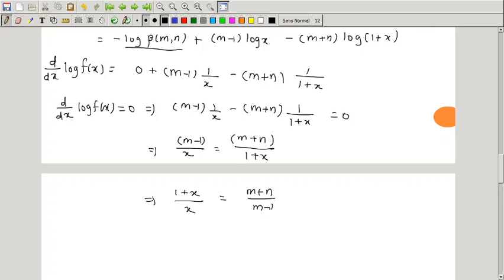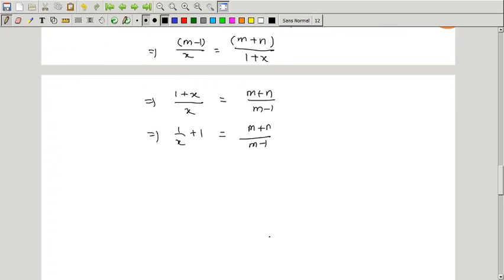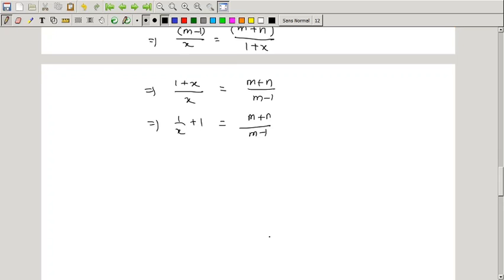Okay. So that means 1 upon x plus 1 equal to (m plus n) upon (m minus 1), or you can write it as 1 upon x is equal to (m plus n) upon (m minus 1) minus 1.